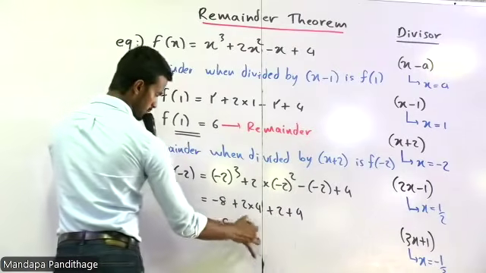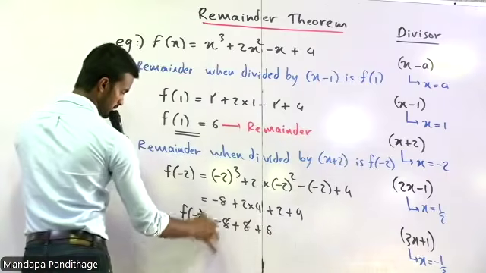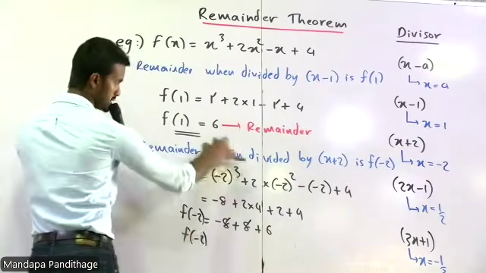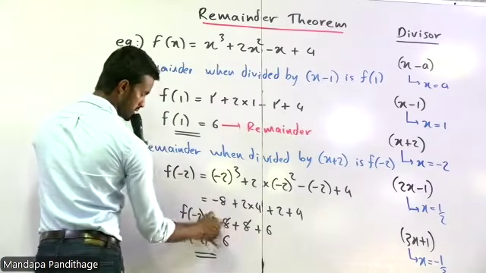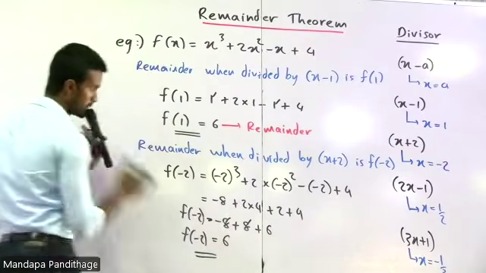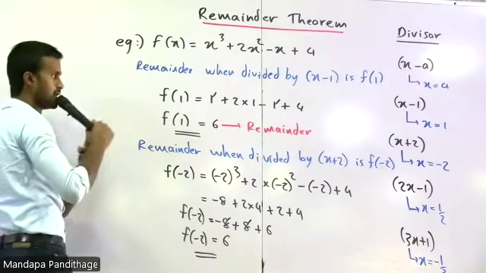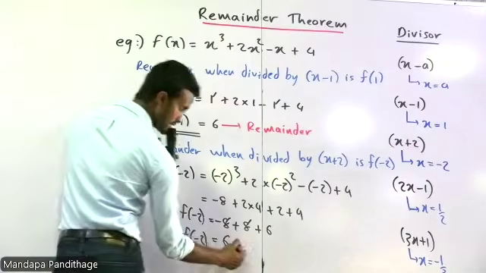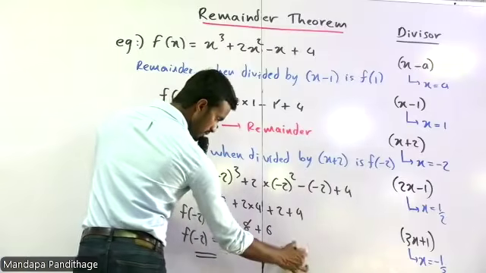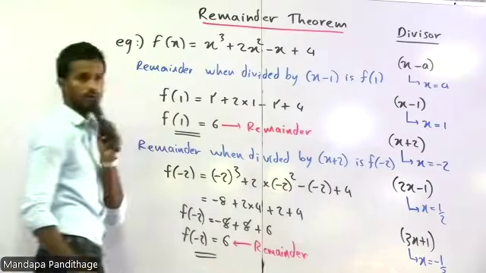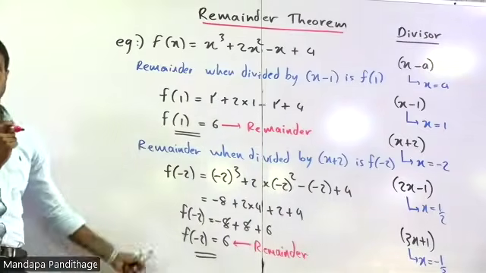Minus 8 plus 8 plus 6. These two cancel off, so here I'm getting 6. But there's no connection between this and this. We just got f(-2) is equal to 6. The meaning is when you divide f(x) by x plus 2, the remainder is 6. If you apply long division and divide this, the remainder will be 6. Clear? Hands up if this one is clear.